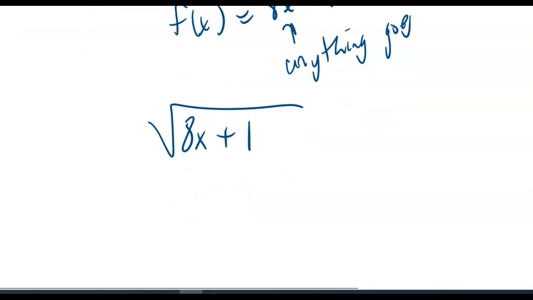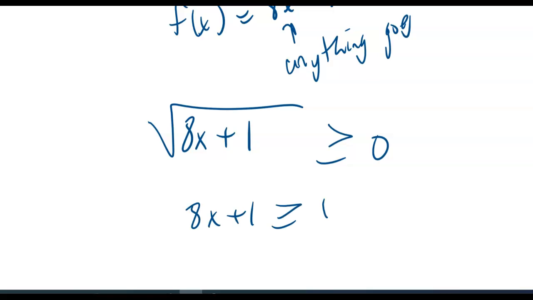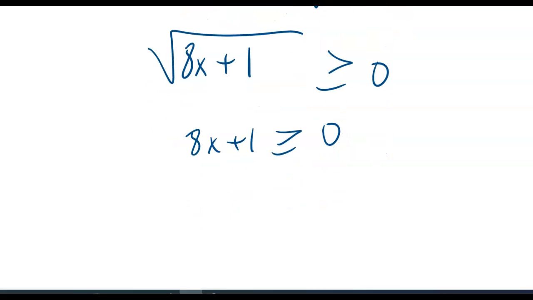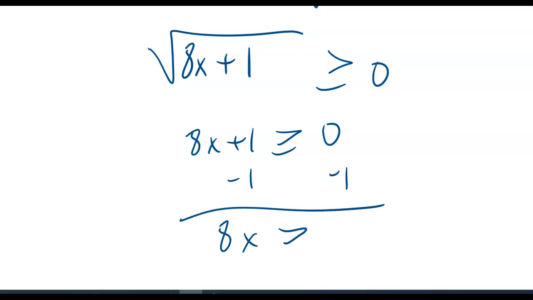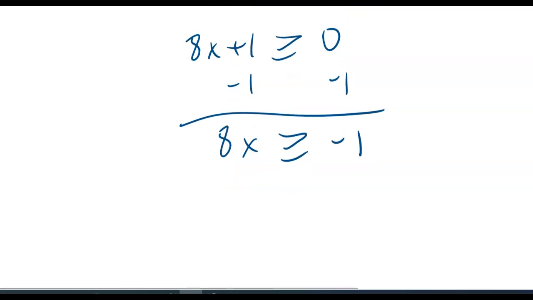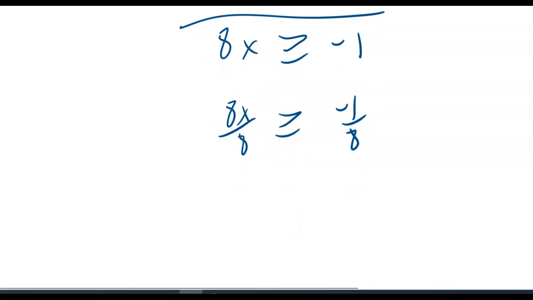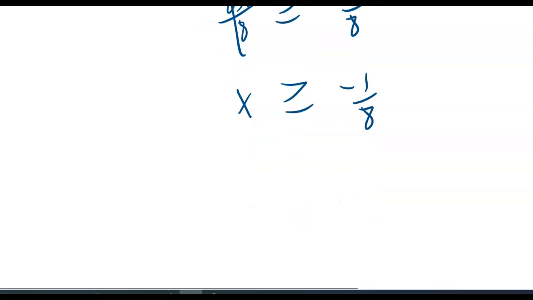So we want 8x plus 1 to be bigger than or equal to 0. We solve by subtracting 1 from both sides: 8x is bigger than or equal to negative 1, and then divide both sides by 8. x is bigger than or equal to negative 1/8.